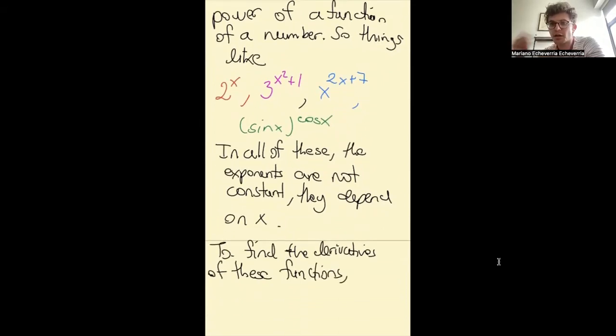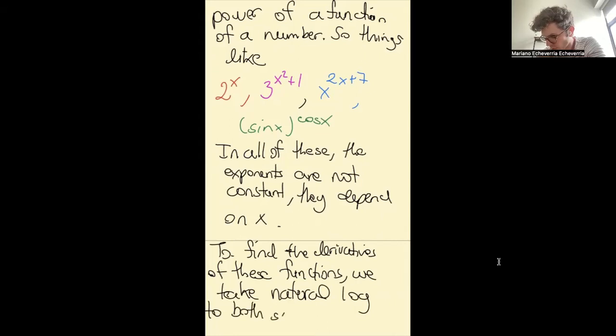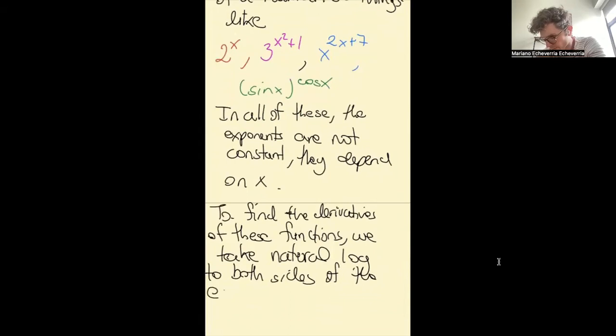We take natural log of both sides of the equation and then differentiate implicitly, taking the derivative of both sides with respect to x.